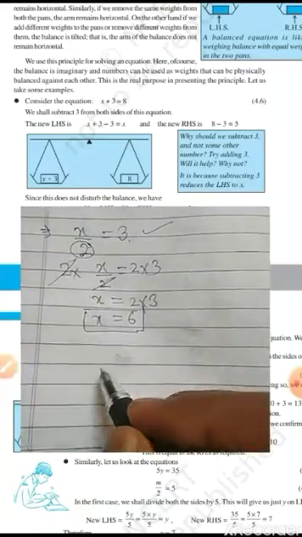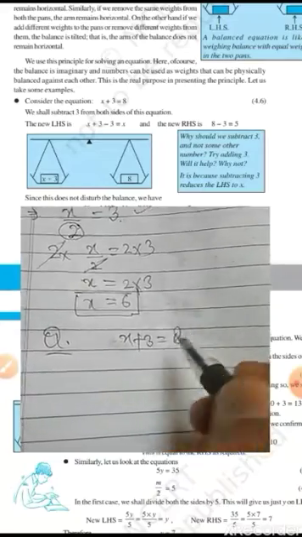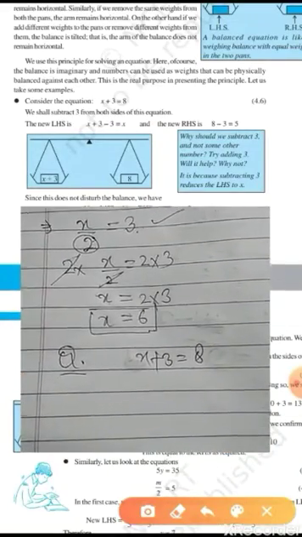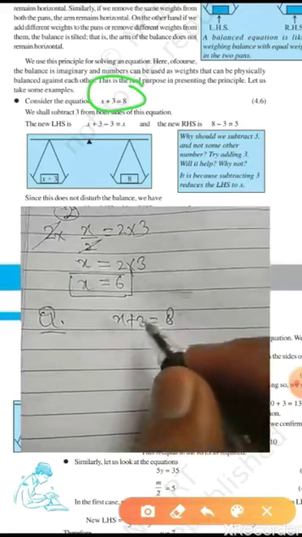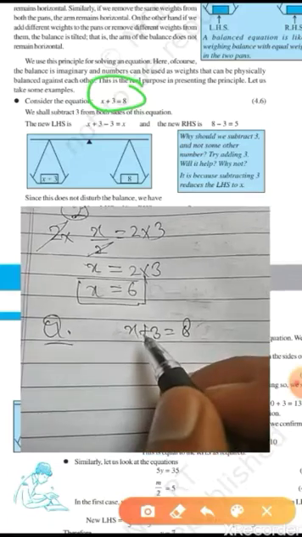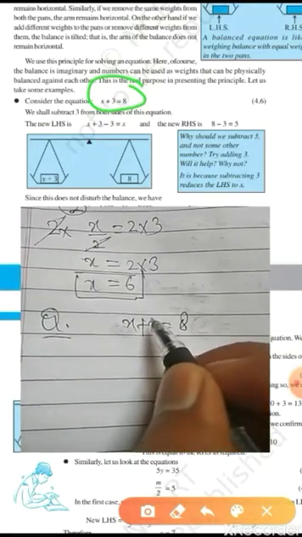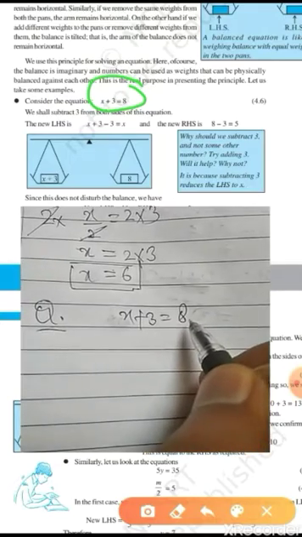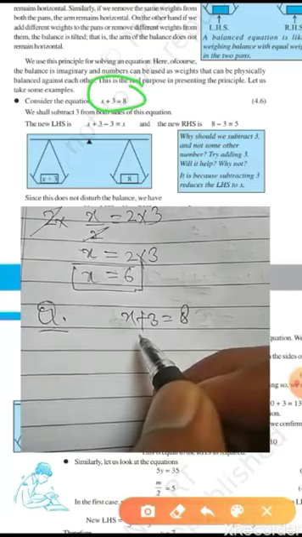Okay, see an example here. x plus 3 is equal to 8. Then how will you keep this side x only? If you subtract 3 from both sides, then on this side x will remain.